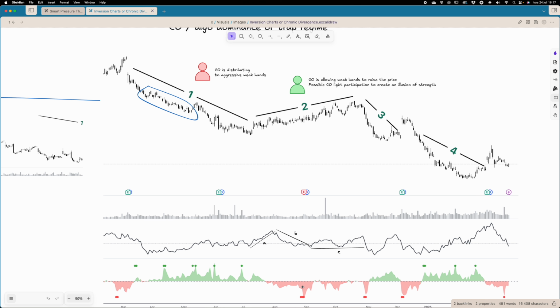The CEO is actually supporting the price with light participation to create an illusion of strength. They are putting some limit order buy walls down here, so the weak hands can sell into those. And then eventually in C here, we start to move up again.